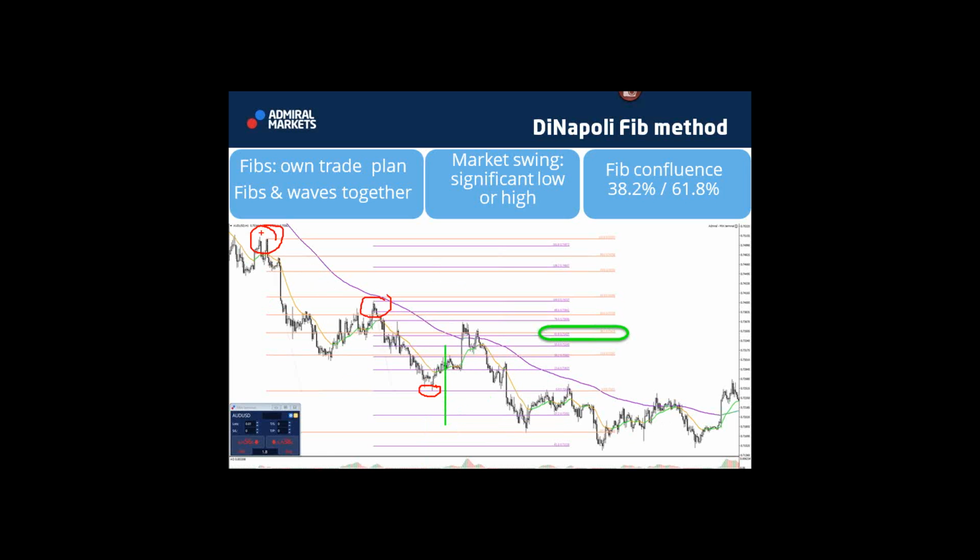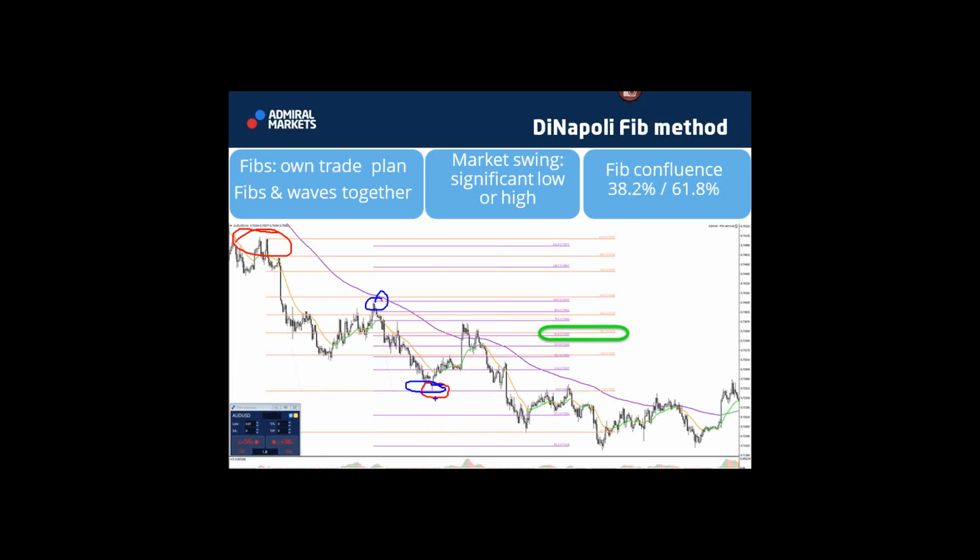He would be using multiple significant highs, any high that is relevant on the chart when looking at this time frame. In this case, we have two significant highs. He would put a fib from this high to the current low, and from this high to the current low. So the low would be the same in both cases, but the high would be different.